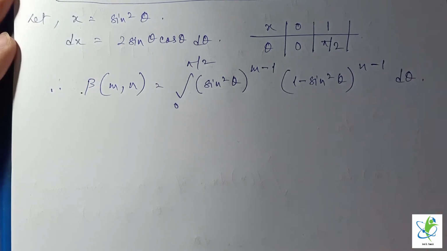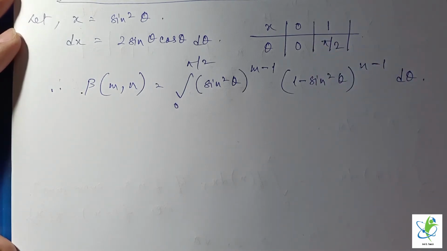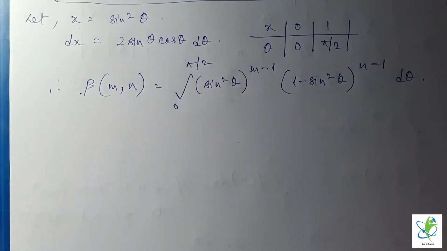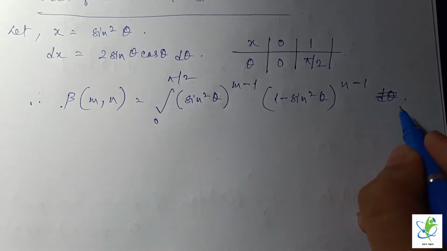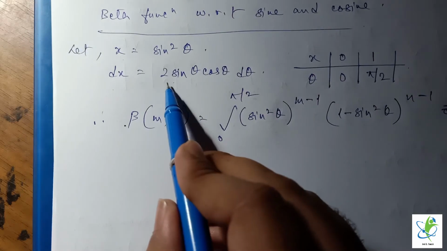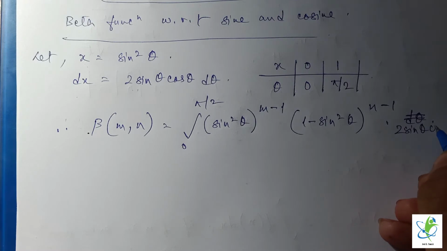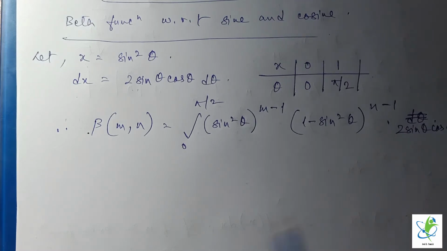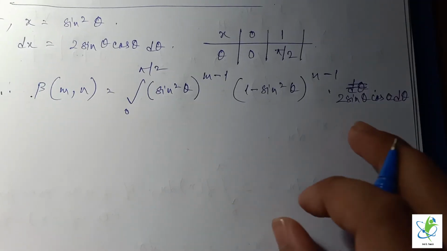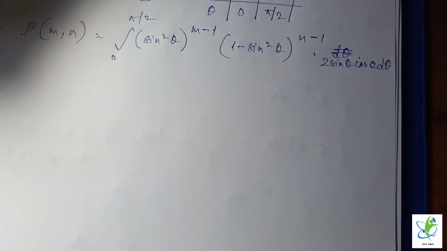I made a little mistake, it is not d theta. dx is replaced by 2 sine theta cos theta d theta, right? So you write here 2 sine theta cos theta d theta. I hope this is clear. Now you just need to do a little bit of simplification.